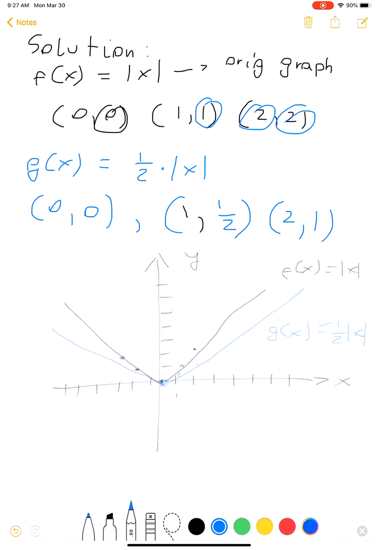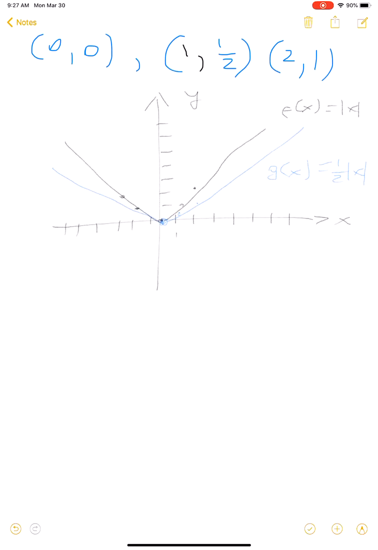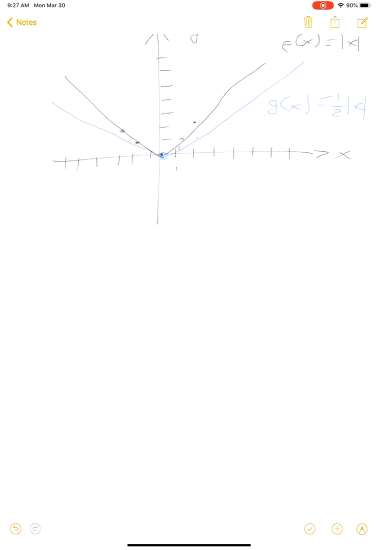Next, we're going to talk about horizontal stretch and horizontal compression. So everything you hear about horizontal is the opposite of what you see. We talked about pushing the graph horizontally to the left and to the right. Now we're going to talk about horizontal stretch and compression.